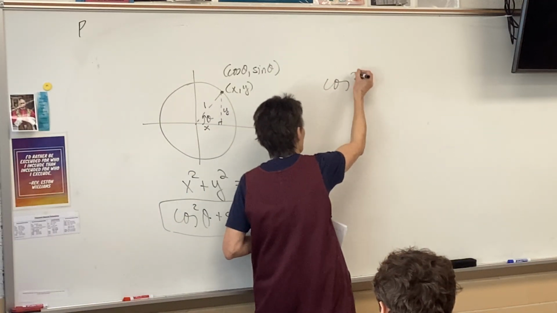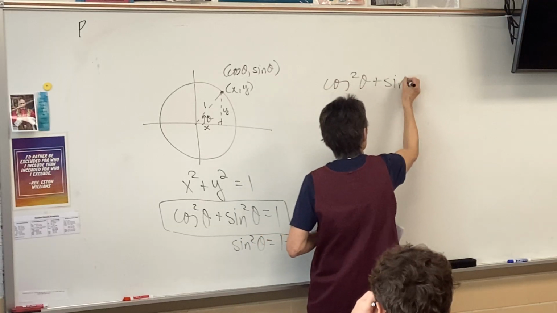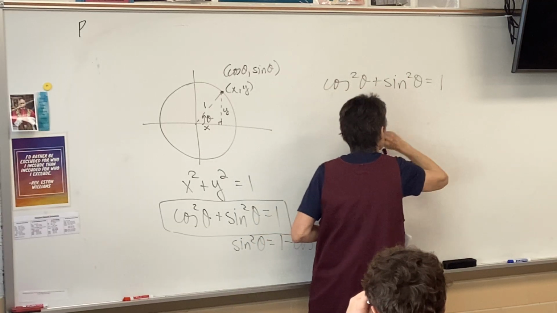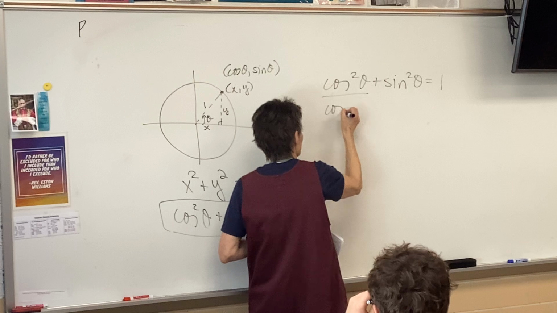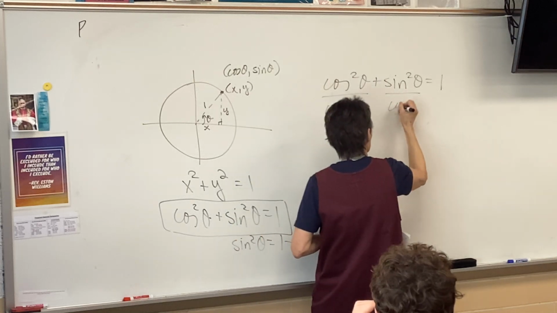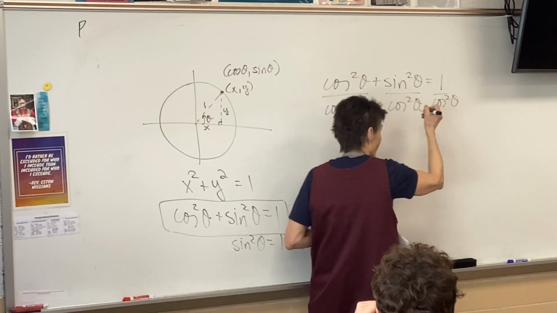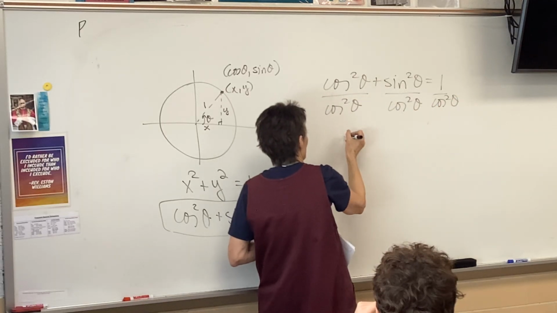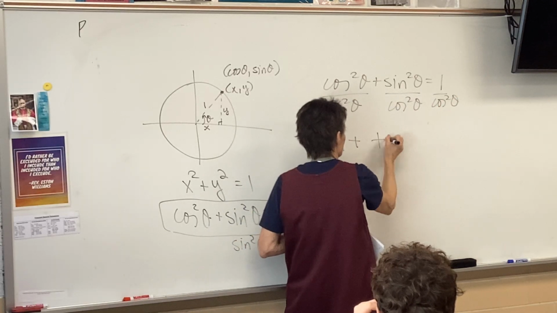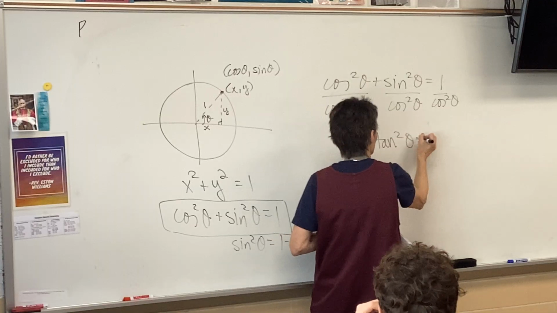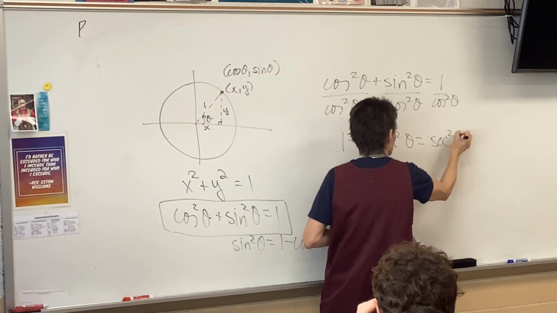If we take that identity and we divide everything by cosine squared. Now, obviously, this is only gonna work if cosine squared isn't 0. We get 1 plus tangent squared equals secant squared.